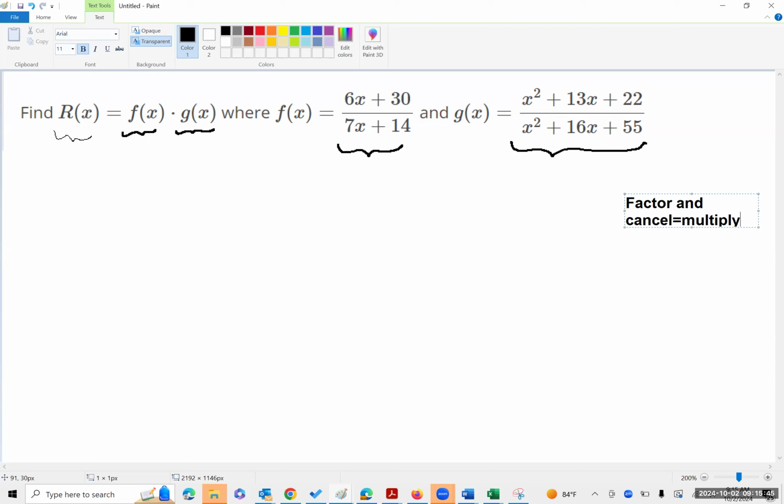So often multiply means factor and cancel.